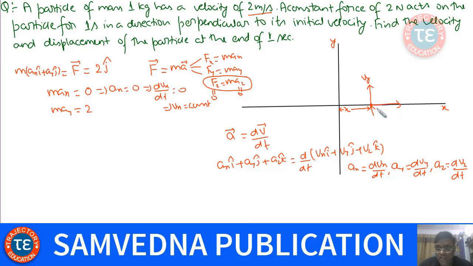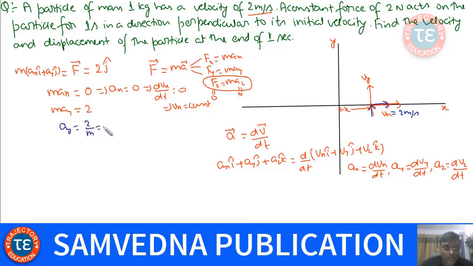Initially you have velocity Vx equals to 2 meter per second, and the action of this force will create a new velocity component Vy, and you can get it from here.